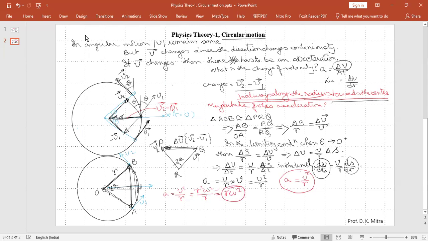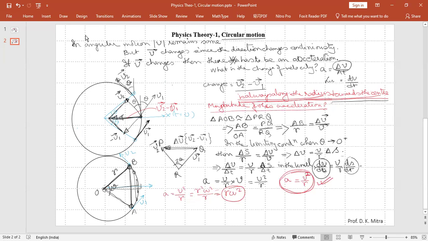This is another relation of the acceleration. So the conclusion is, in an angular motion, there is always an acceleration directed towards the center of the motion, and the magnitude of the acceleration is v square by r.